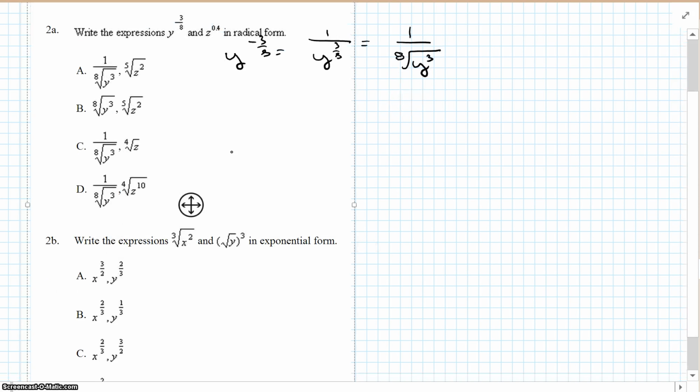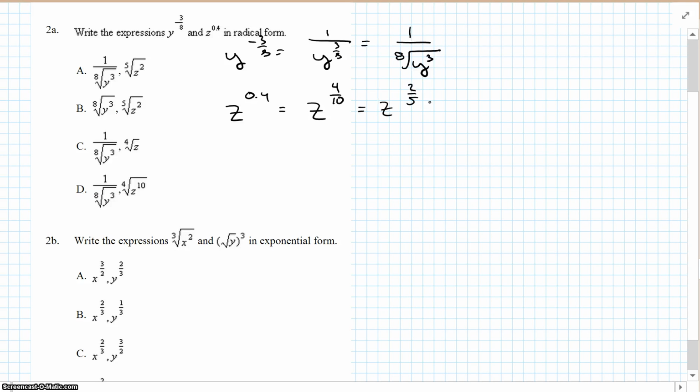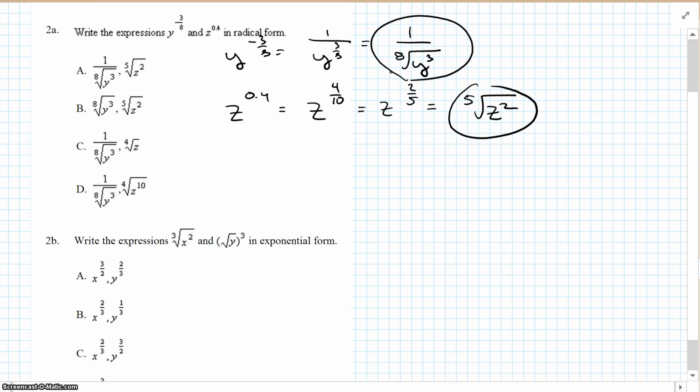Okay, and z to the 0.4, I'm going to convert it to a fraction, z to the 4 over 10, which is z to the 2 over 5, which would be the fifth root of z squared. So I got 1 over the 8th root of y cubed and the fifth root of z squared. So the answer would be A.